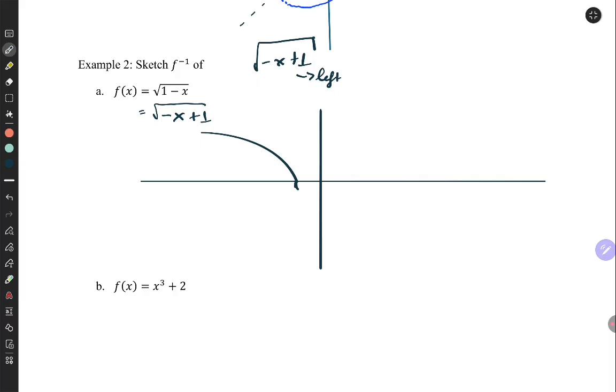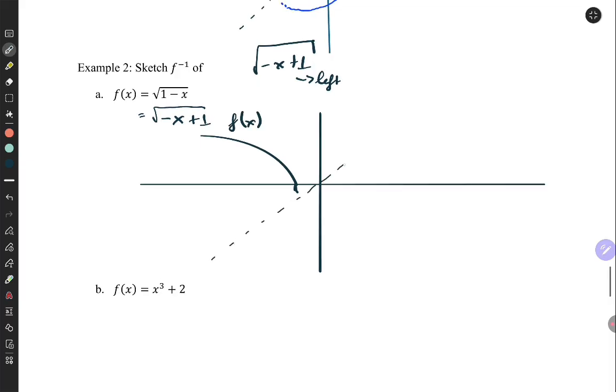So you have that. Next thing you want to do, draw the reflection line, actually y equal x. In this problem, it's called the reflection line. Now you're able to draw the inverse of that one, the reflection of that one. Okay, so what do you draw? Think about that.